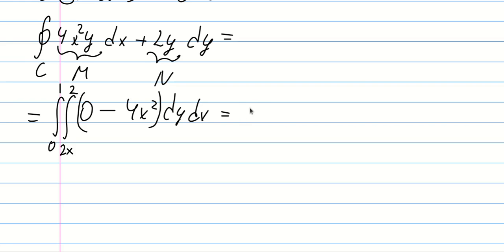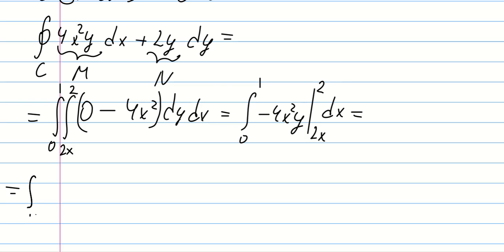That means integral from 0 to 1, we take the antiderivative with respect to y, negative 4x squared y dx. But before we put dx, we have to put the limits. So it's going to be from 2x to 2 dx. So we plug in 2 first.